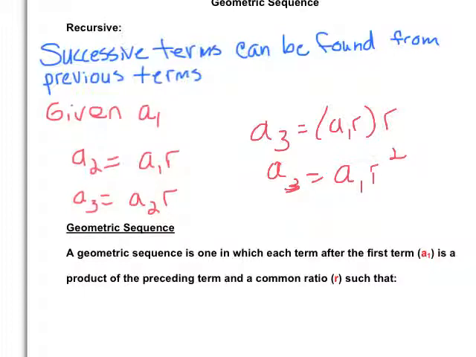And if I were to keep doing that, I could come up with a value for a sub n, and a sub n is going to be a sub 1 times r to the n minus 1. So that's where we get into a geometric sequence.